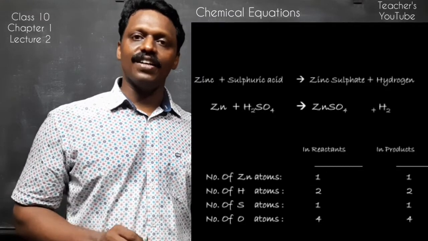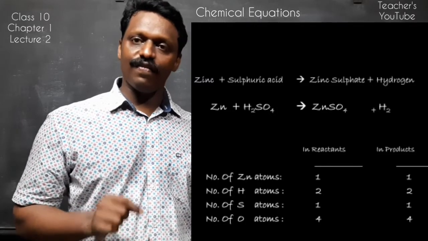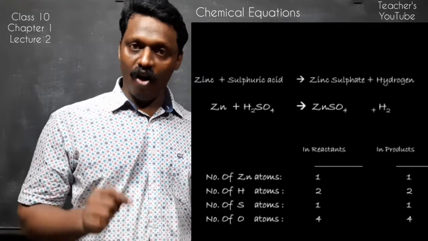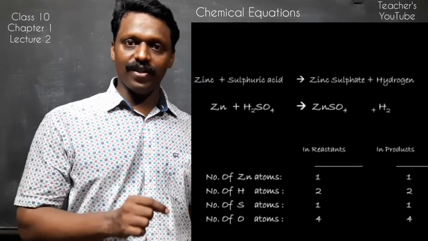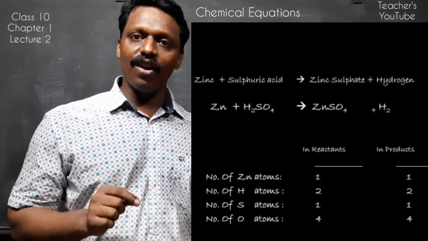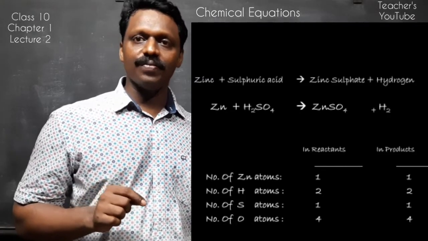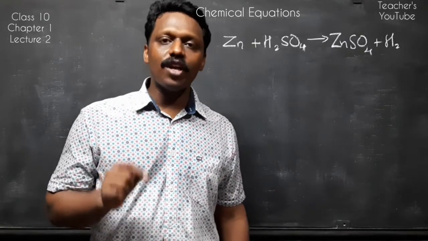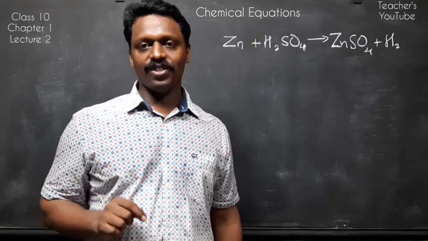And finally, reactants contain 4 oxygen atoms and the products also contain 4 oxygen atoms. Thus, there is an equal number of atoms of different elements in the reactants and products. So the above chemical equation is a balanced equation.